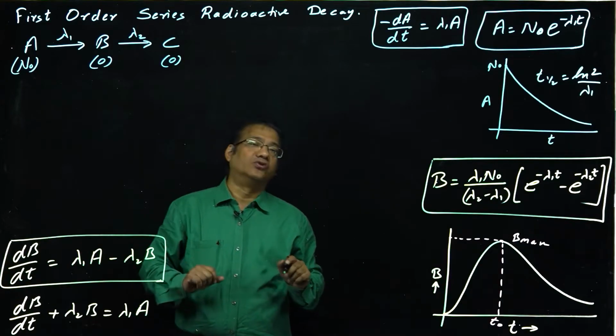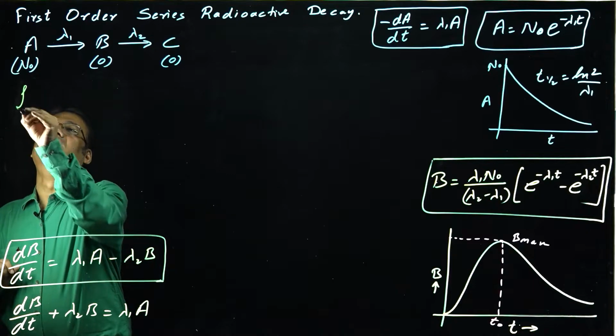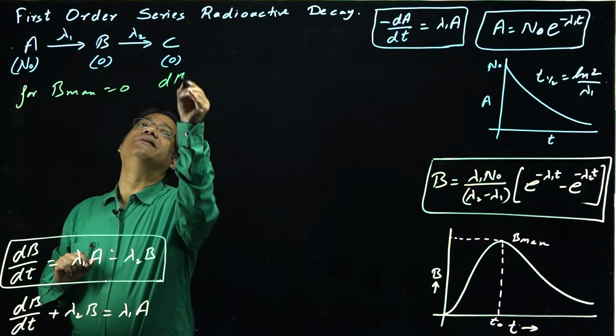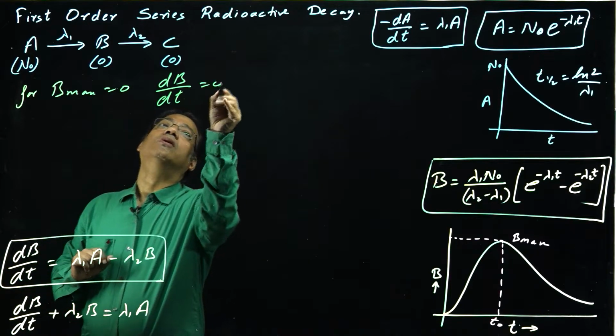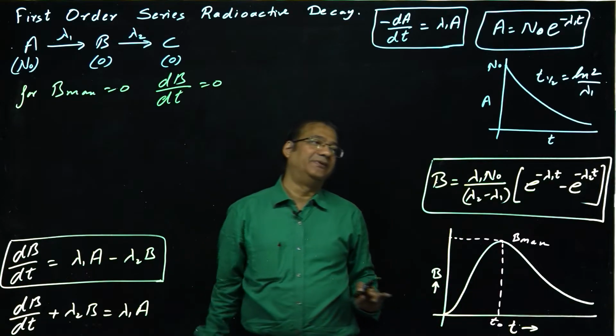In order to solve this situation, we always know that when b is maximum, for b max, dB by dt must be 0. When b takes the maximum value, dB by dt must be 0. Its variation with time must be 0.